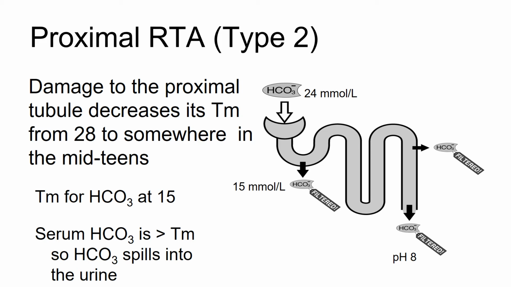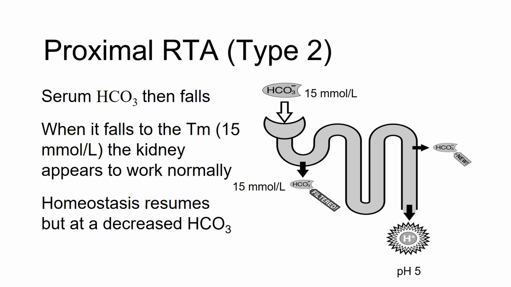So there is some defect in the tubules there. The rest of the bicarbonate is going to go down the loop into the distal tubule. Some of that bicarbonate is going to be reclaimed there, but a lot of bicarbonate is going to go down the drain, and the urine pH is going to be really high. Now, the process is going to continue until the bicarbonate level in the blood has dropped down to 15 millimoles per liter.